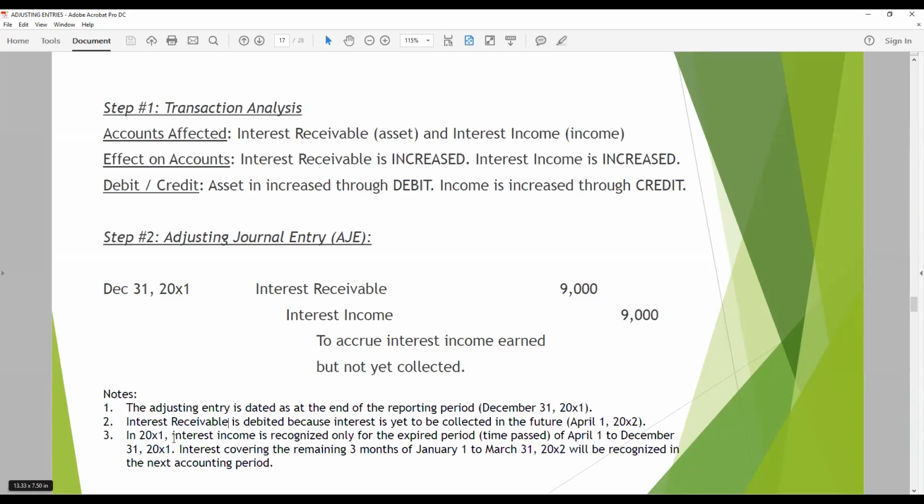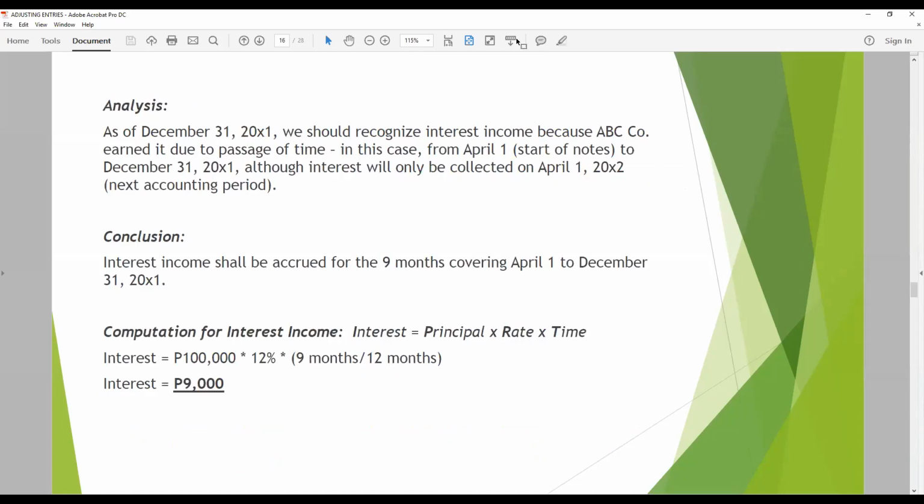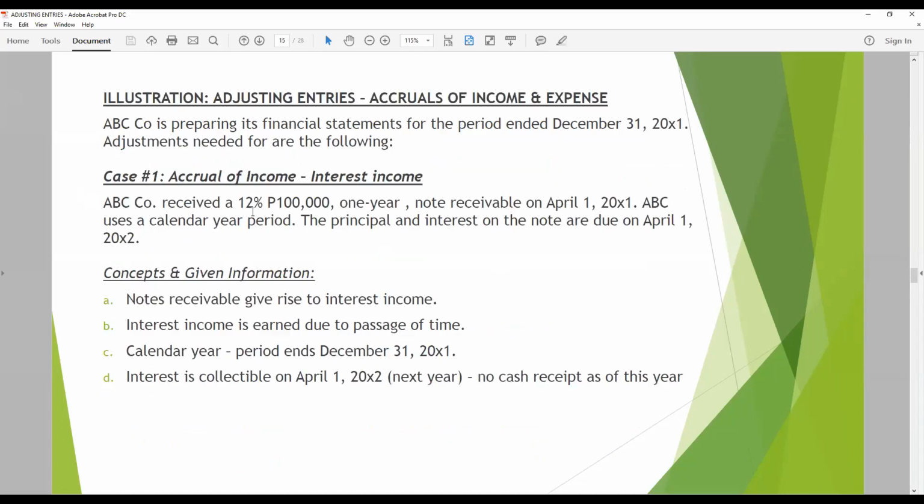And in the same year, interest income is recognized only for the expired period, which time has passed, of April 1 to December 31, 2021. Interest covering the remaining 3 months of January 1 to March 31 will be recognized in the next accounting period. So, clear ba sa inyo yung accrual of income? Under example natin sa notes receivable.